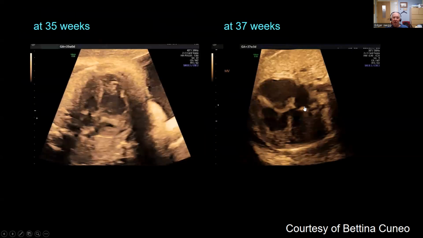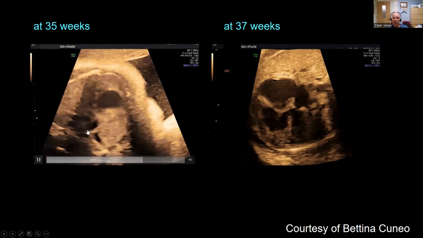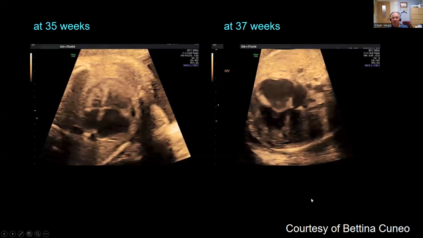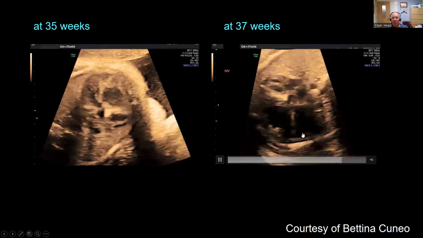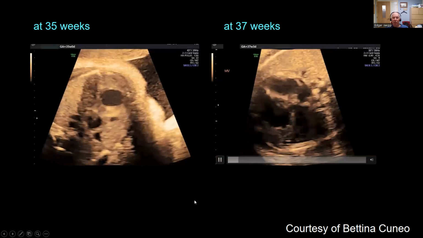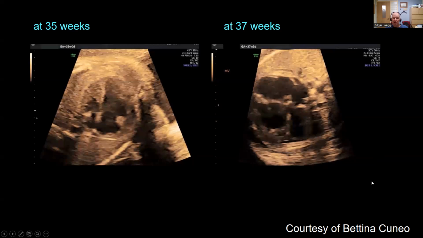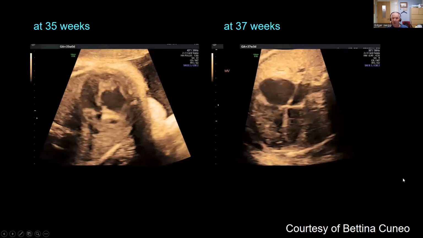The fetus has some abnormalities. As you can see, there's a VSD, and the transverse aortic arch is small. At 37 weeks of gestation, the LV and the RV both look hypertrabeculated, as potentially looked before. So I suspect this baby has LV non-compaction as well.